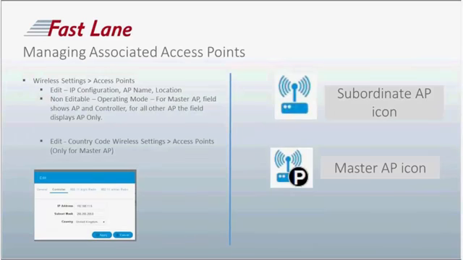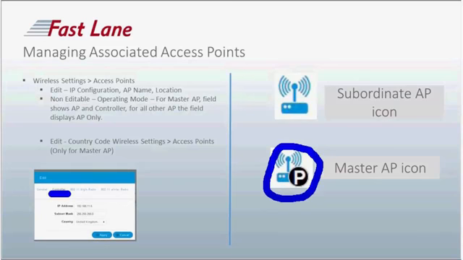You'll be able to click as well on each of your APs and go through and manage them. On the AP that is the master, and this is what the master icon looks like, it's got a little P on it, you'll be able to have the submenu controller. On the devices that are not the master, you can only have one master within the Mobility Express solution.